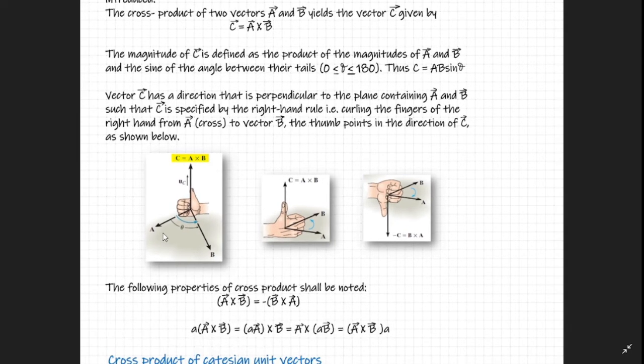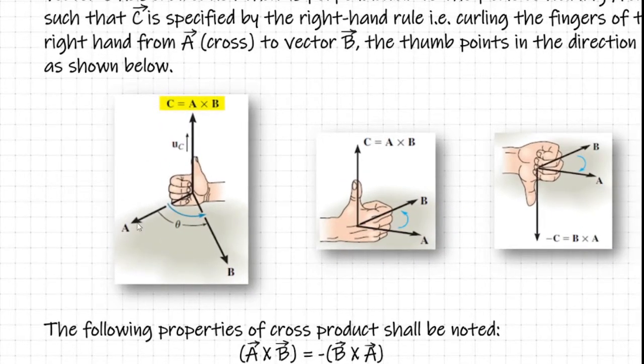Look here. Here we have shown a vector A and also a vector B. We are interested in the cross product of vector A and vector B, that means vector A cross vector B. Theta is the angle between the tails of vectors A and B. In order to find out the direction of vector C, where vector C is vector A cross vector B, we need to follow some criteria.